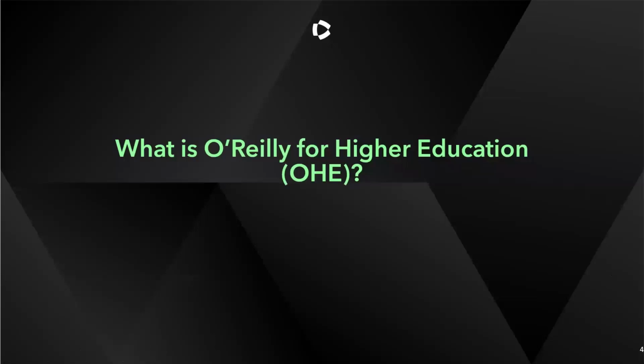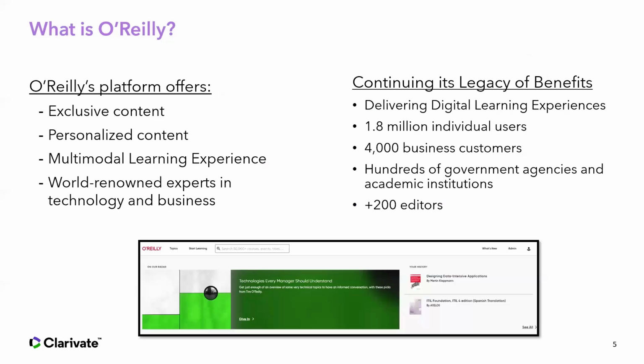To start off, I'd like to address the question, what is O'Reilly for Higher Education, often abbreviated as OHE? This is a really wonderful resource filled with tons of different content types. The O'Reilly platform offers exclusive content as well as personalized content, which we'll see as we go through our live demo.